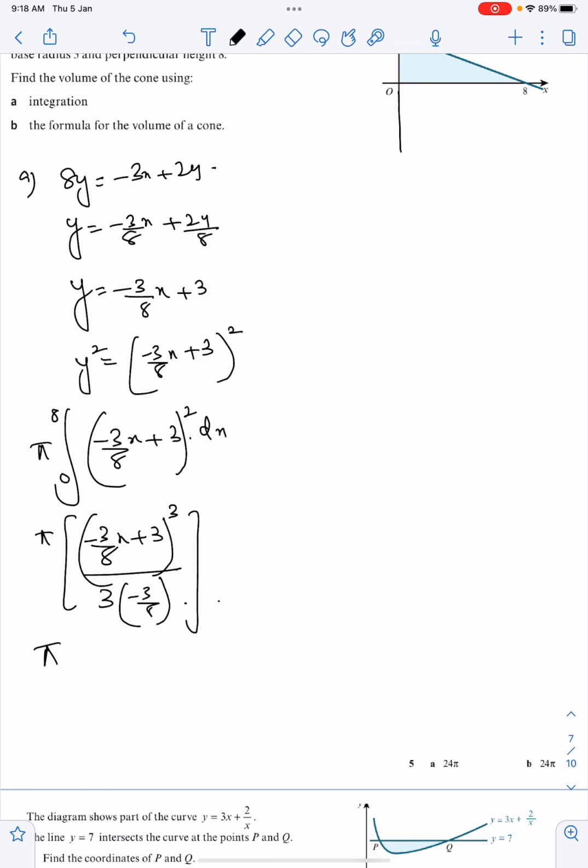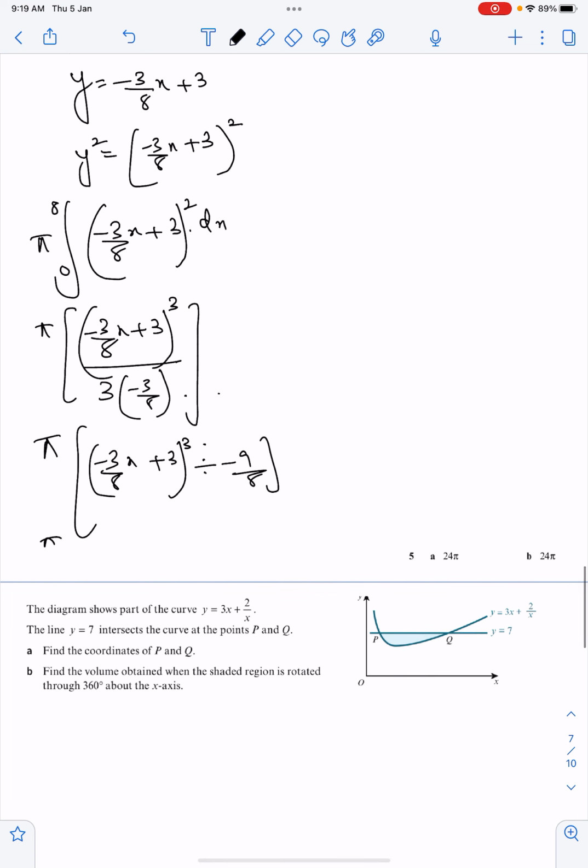So I am getting minus 3 upon 8 x plus 3 cube. In the denominator I have got minus 9 upon 8. So divided by minus 9 upon 8 means multiplying by 8 upon 9.